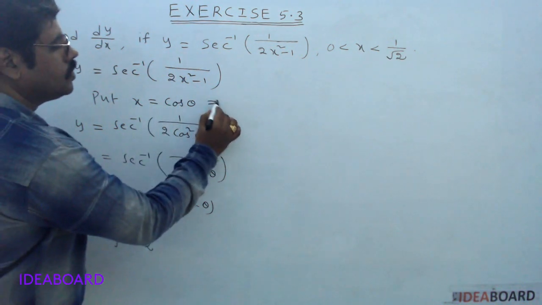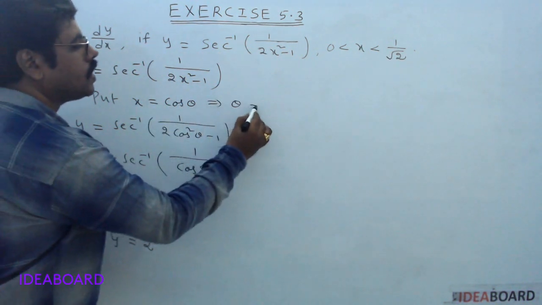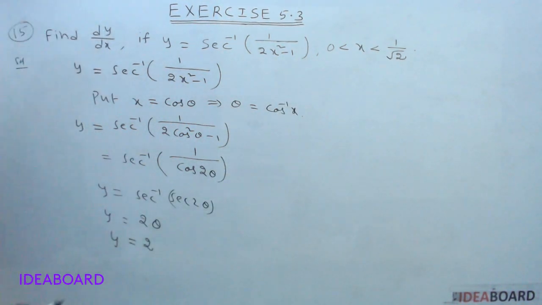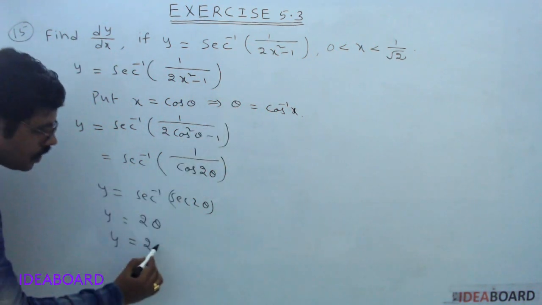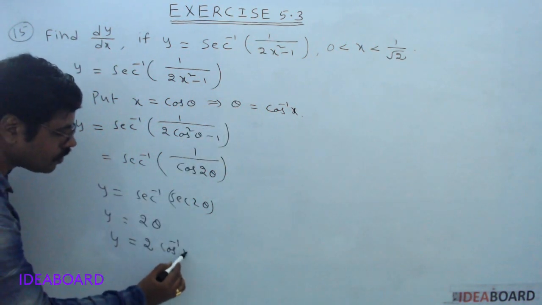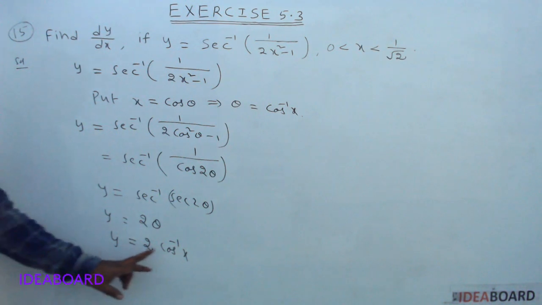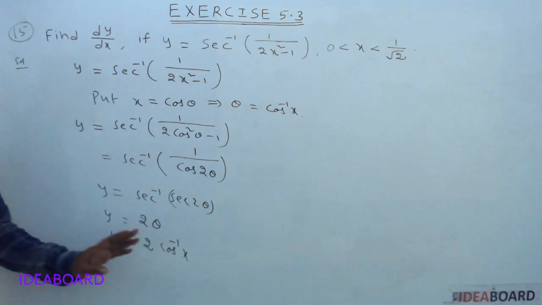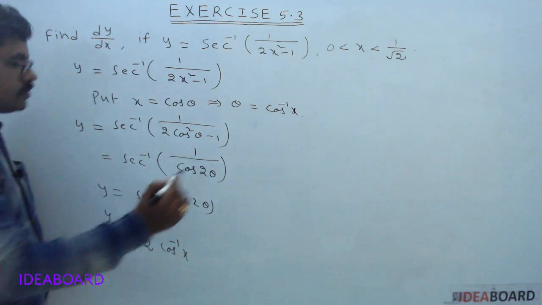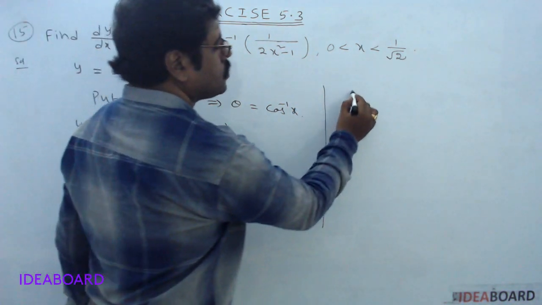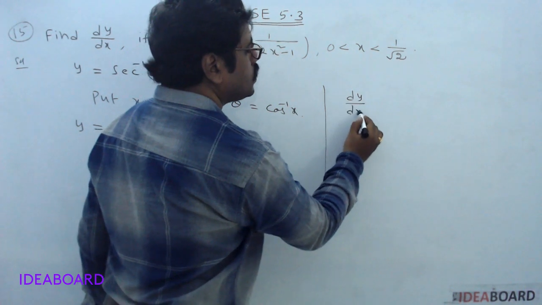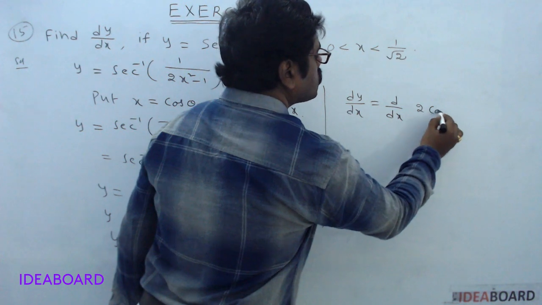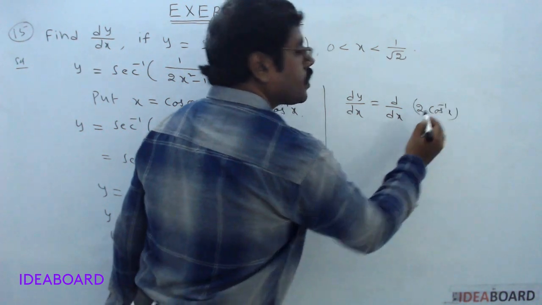What is theta value? So x equals cos theta, theta equals cos inverse x. So in place of theta, write down cos inverse x. So y equals 2 into cos inverse x. Differentiate this equation on both sides with respect to x. So dy by dx equals derivative of 2 cos inverse x.